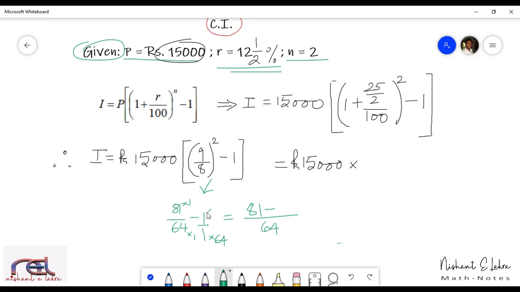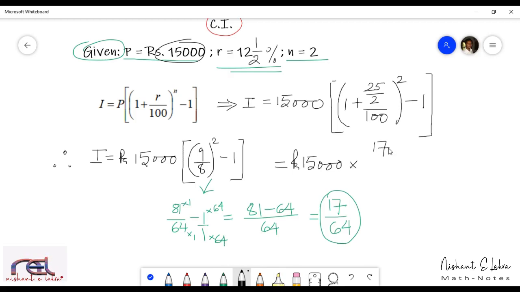So we have 81 minus 64 by 64, and when we subtract 64 from 81, we get 17 by 64. So this is the value that we have got after we have simplified 9 by 8 whole square minus 1. I hope you have understood this.